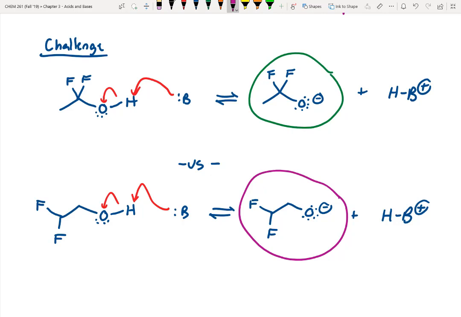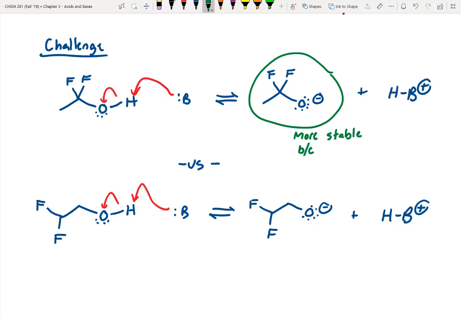The green one, because that has the electronegative atoms closer to the negative charge and therefore will tug on that negative charge a bit more. So we could look at this one and we could say that this is more stable because the fluorines are closer.